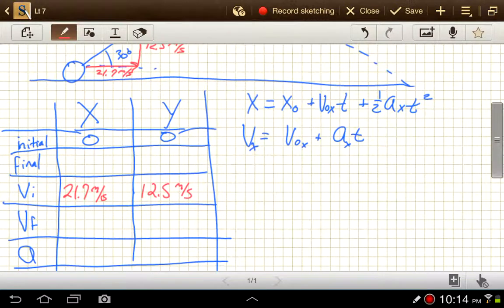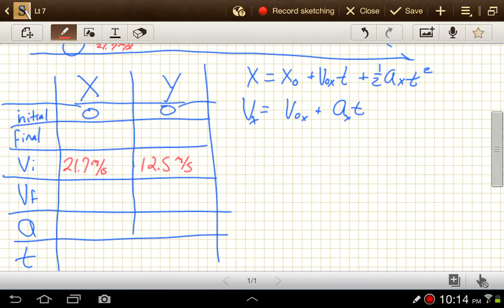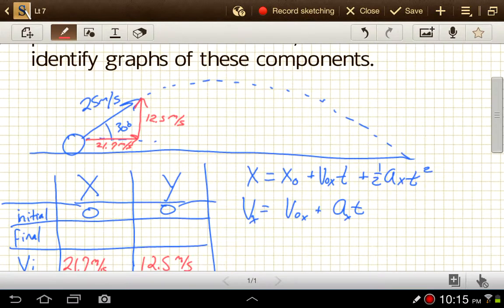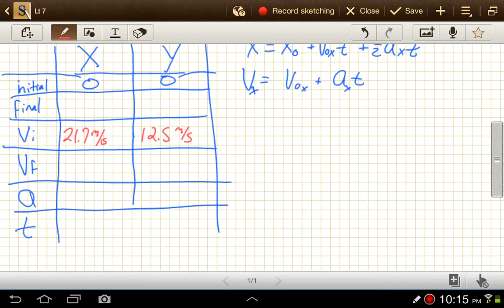Okay, and then the only other thing that appears in these equations that we need to put a number in for is acceleration. So, in these problems with projectiles, right now anyway, we're going to assume that there's no air resistance, and so a projectile, as it's flying, is only acted on by gravity. And gravity pulls it downward, it makes it accelerate downward, and it turns out the rate that it accelerates downward is 9.8 meters per second squared.